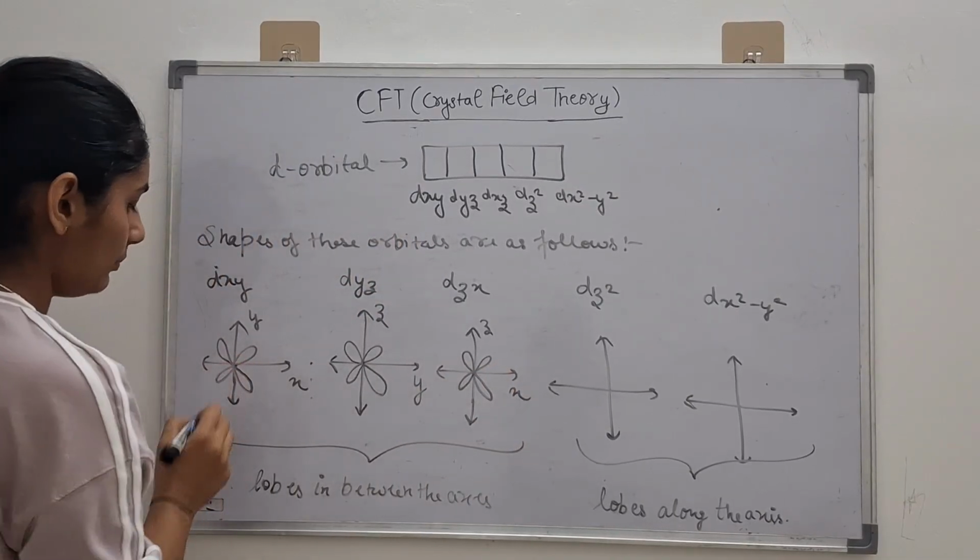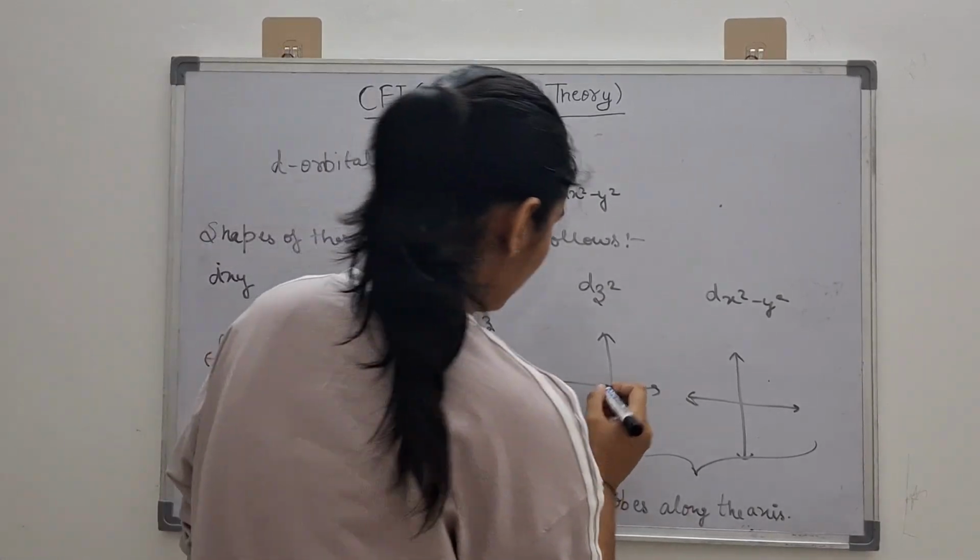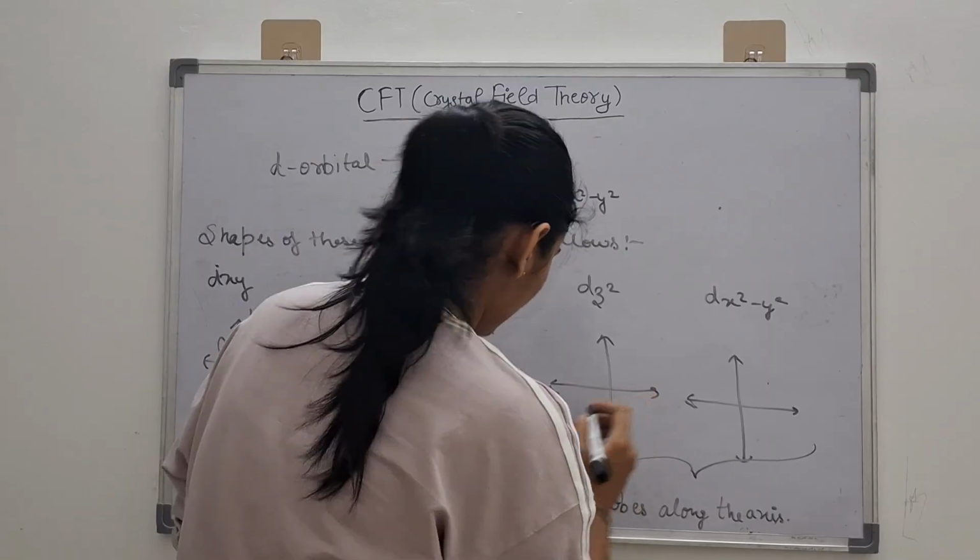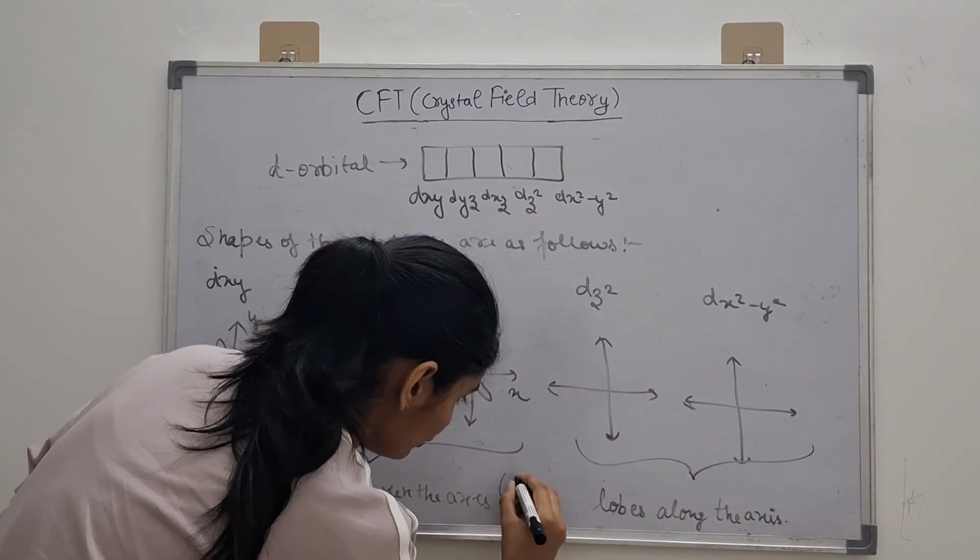So these lobes are in between the axes, and these orbitals are known as T2g orbitals.